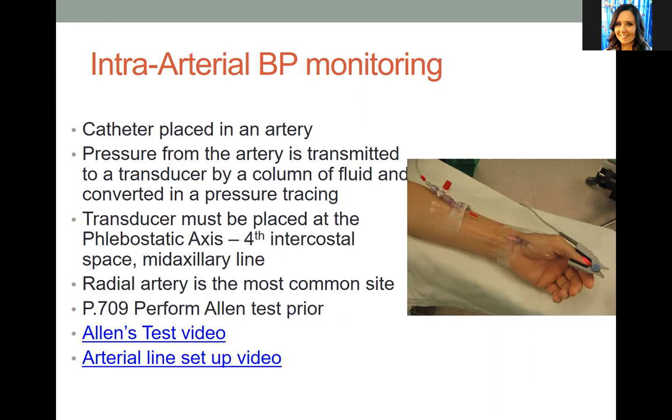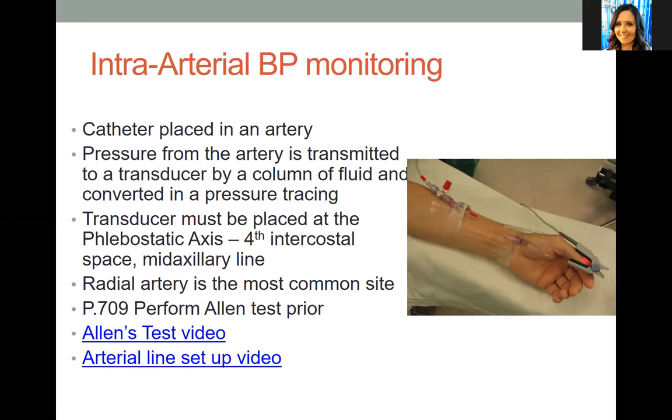Why might someone need an A-line? There's a couple reasons. One, we may be titrating vasoactive drugs and need an accurate measurement or frequent blood pressures. If we're having to use a cuff pressure every minute or so, that might tire somebody's arm, may even break down their arm. We might even use it if they're unstable.